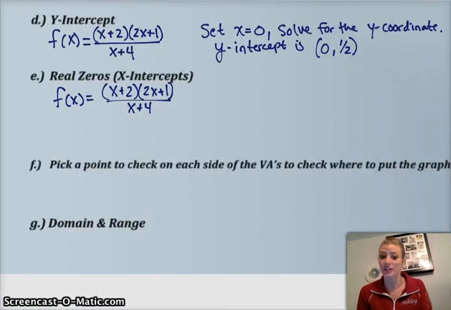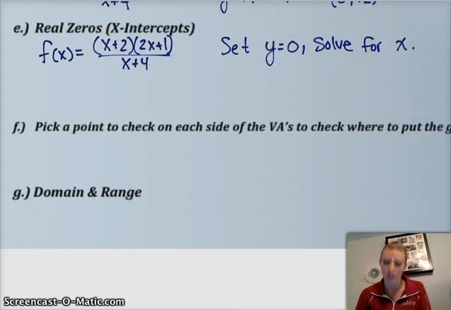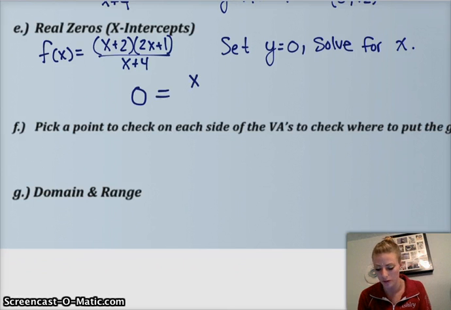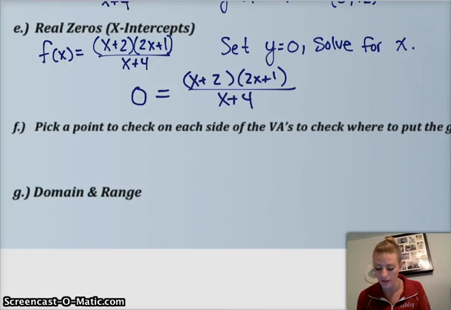Next are your x-intercepts, your real zeros, where the function crosses the x-axis. And that's the same thing that it's always been. You set y equal to 0 and solve for x. So in this case, we have 0 equals (x plus 2)(2x plus 1) all over x plus 4.